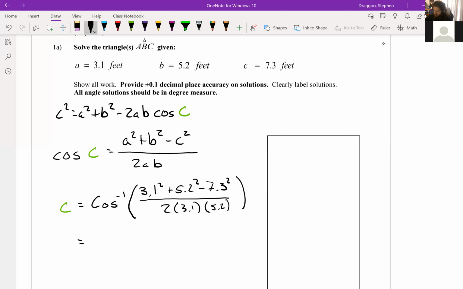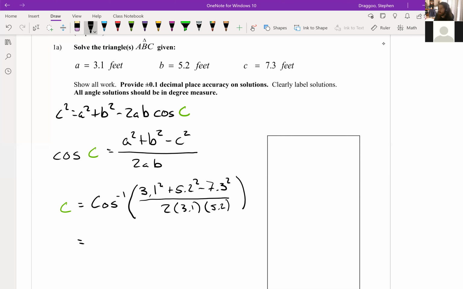3.1 times 3.1 plus 5.2 times 5.2 minus 7.3 times 7.3. All that divided by 2 times 3.1 times 5.2. Hit the enter button and wonder, oh, I hit an S instead of a 2.